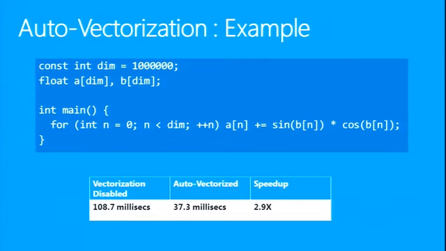This same loop with autovectorization turned on takes just 37 milliseconds. So that's a speed up of about 2.9 times. That's not as much as the 4x that we would have loved, and that's due to some limitations in this first release of the autovectorizer that we'll aim to remove in subsequent releases. However, at a factor of 2.9 times, that's a welcome improvement over the original performance.